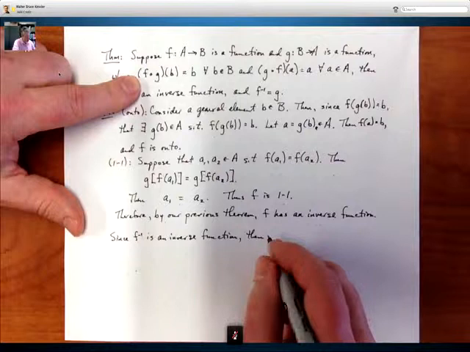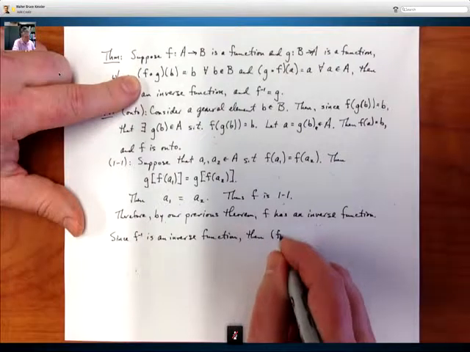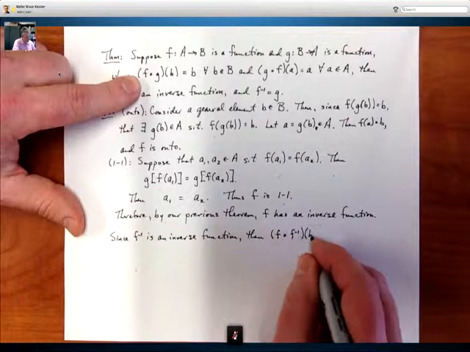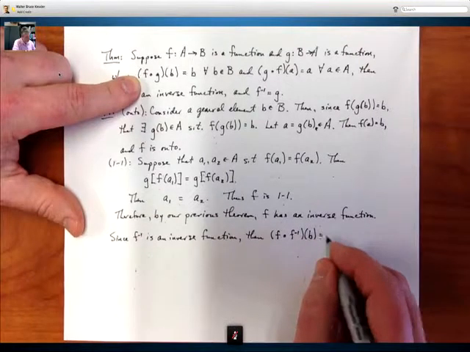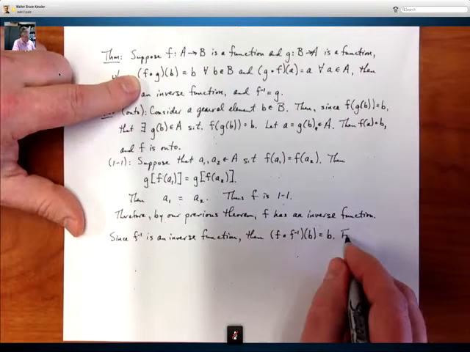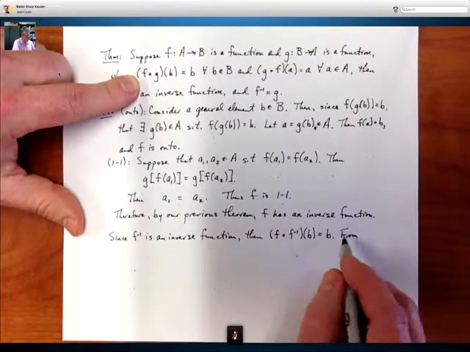So for general B, we know this is true: F of F inverse of B would have to be B. Okay?